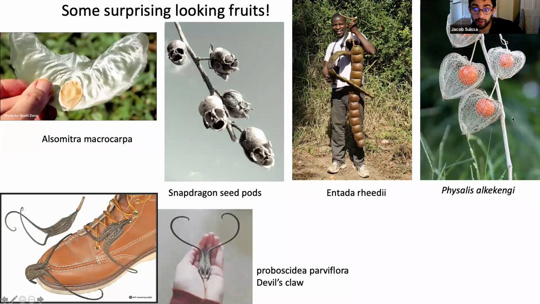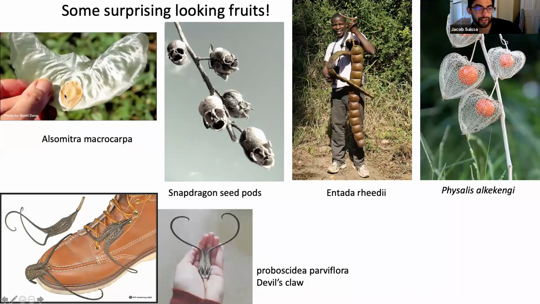And there are a whole bunch of other really weird and really cool fruits. Fruits are awesome. The fruits of snapdragon seed pods look like skulls. This is entada, the largest legume in the world. It's amazing. I think it's dispersed by elephants.